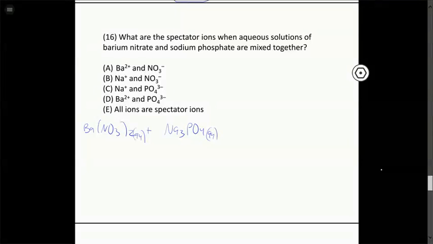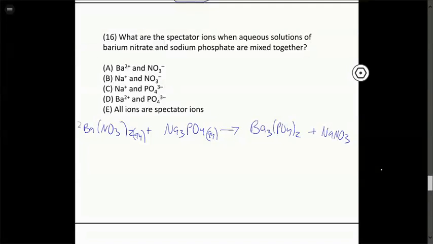I'm going to go the long way for finding the net ionic equation, but this is helpful as a review. So then we form the products. We're going to pair barium with phosphate, so we get Ba3(PO4)2 to balance the charges, and we get sodium nitrate. We first have to put some coefficients in here to balance.